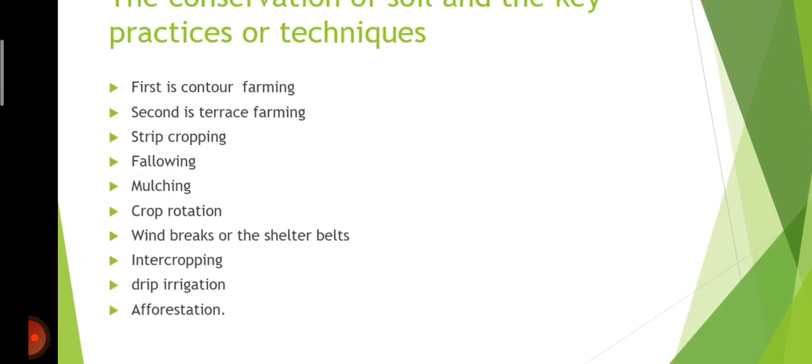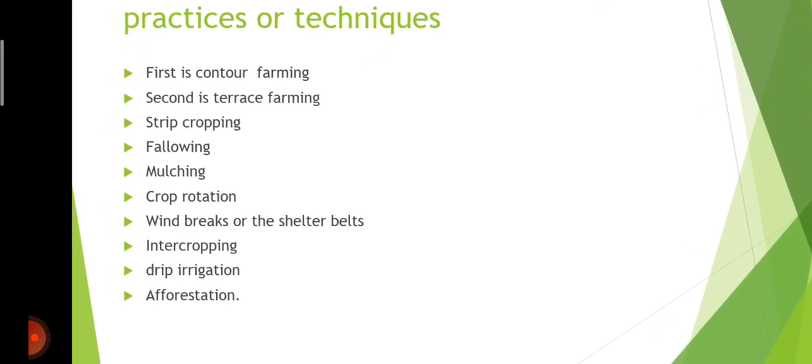Now, strip farming. Some strips are made in between the cultivated areas, which conserve the soil.